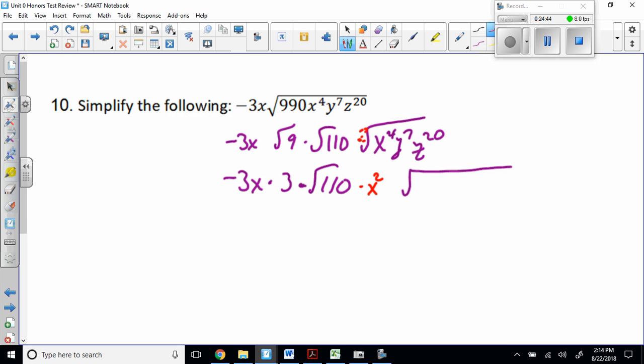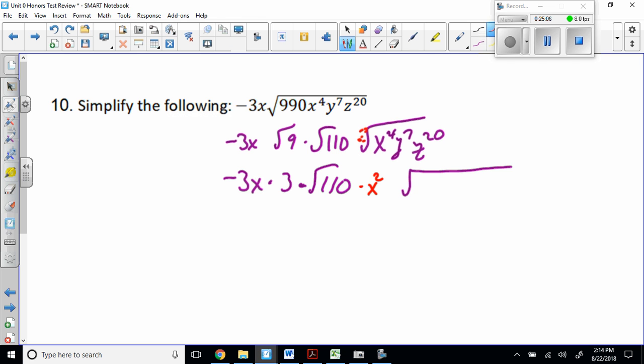Oh, well, see, the index or the root is 2. And when you're dealing with variables, if you say how many times that 2 will go into the power, it'll either go evenly, or it'll go some amount of times with one left over, right? So there you go. 2 goes into 4 how many times? Twice.